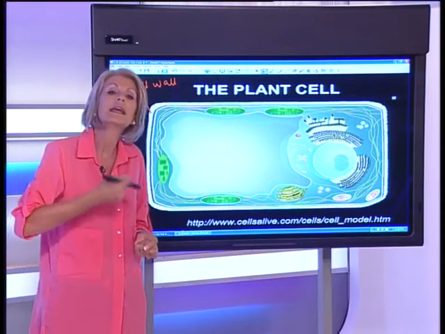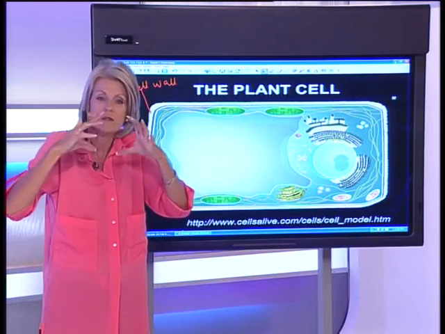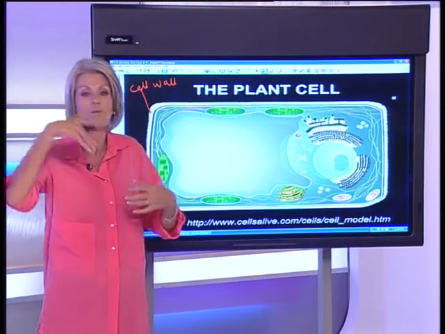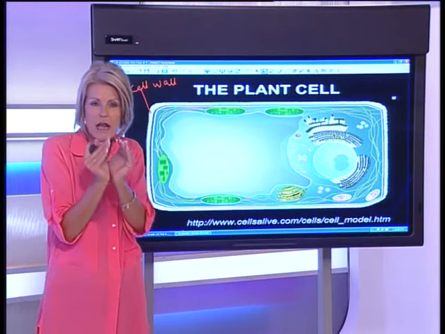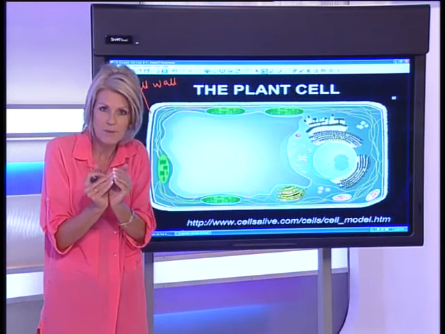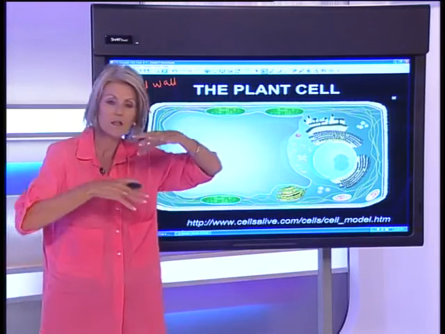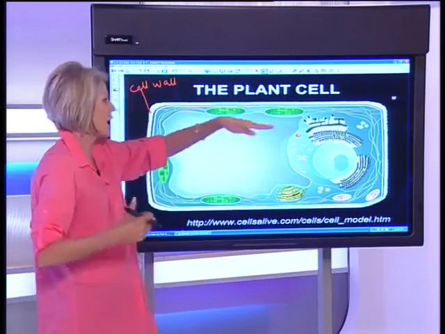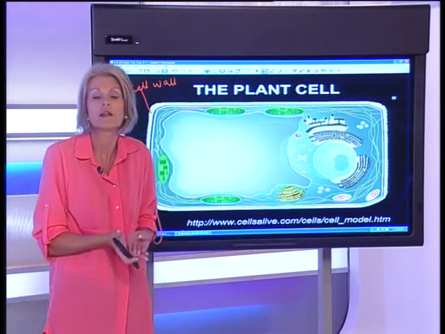It's a polysaccharide, and it gives the whole cell, and therefore the plant, structure and support and shape, because this is rigid. So this cell can't billow out here or have a rounded shape unless the cell wall is rounded.